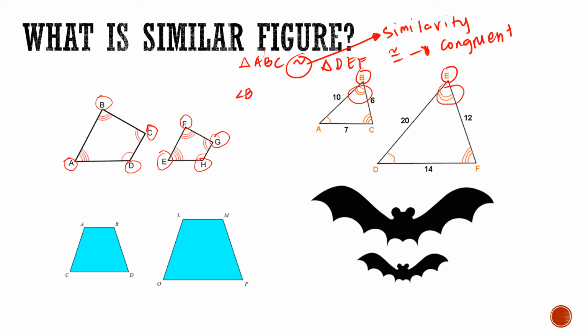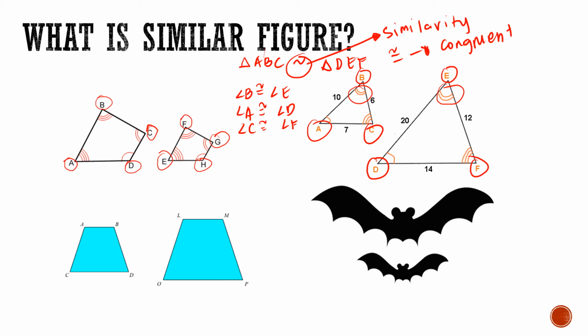So, angle B is congruent to angle E. Angle A is congruent to angle D, so let's write angle A is congruent to angle D. Angle C is congruent to angle F. The first definition of similar figures is true because all the corresponding angles are congruent. Therefore, it satisfies the first definition.